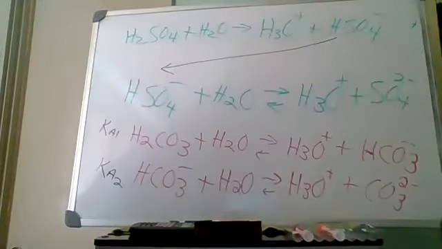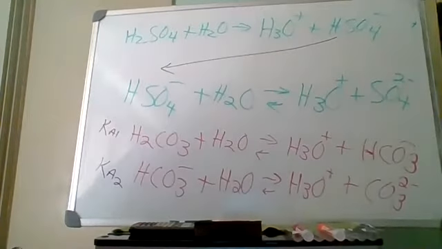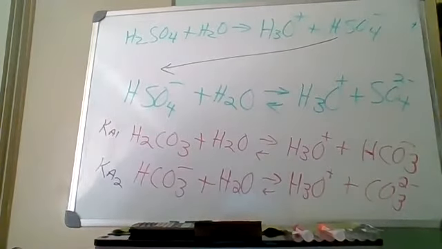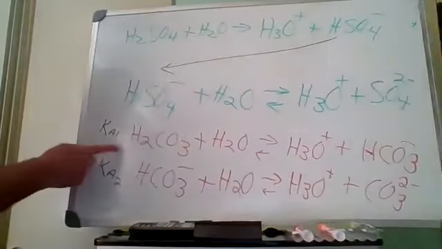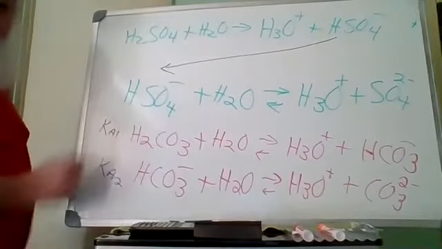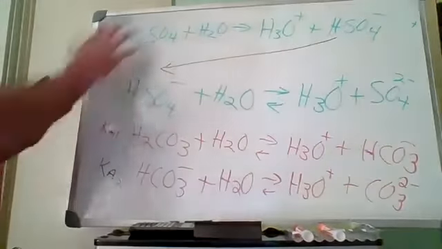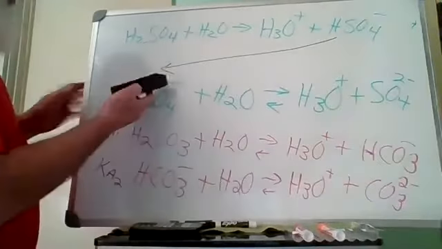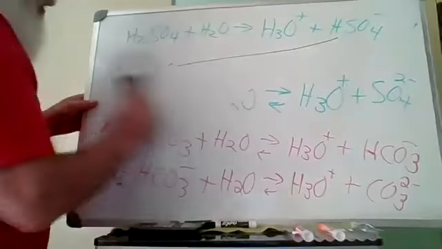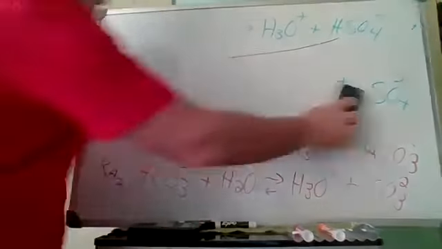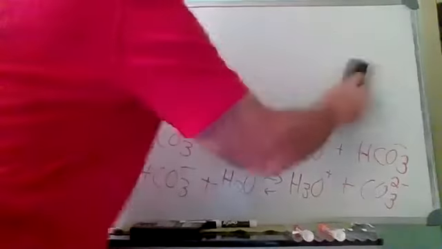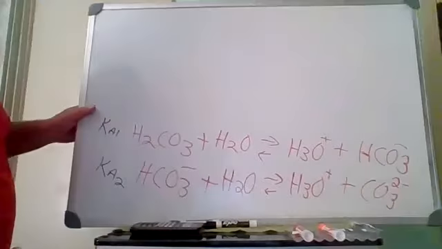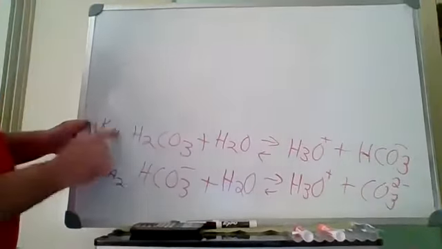So let's see here. Again, we can write an expression for Ka1. Let's forget about the sulfuric acid here, because the first step is, again, a strong acid event. So here I can write a Ka1 expression.